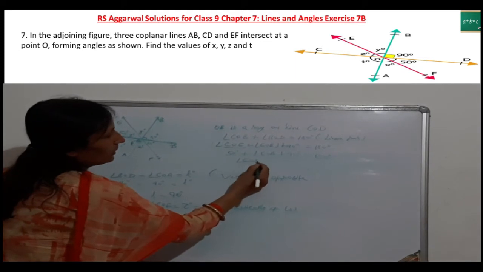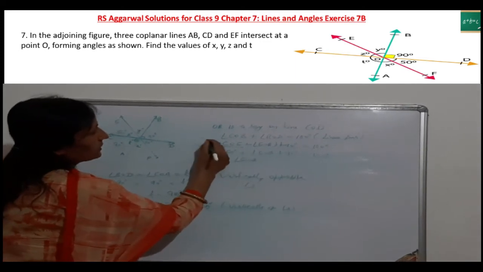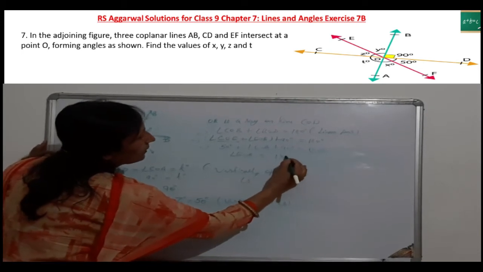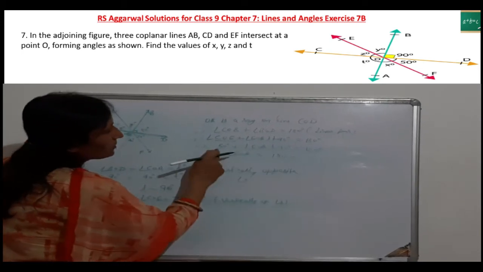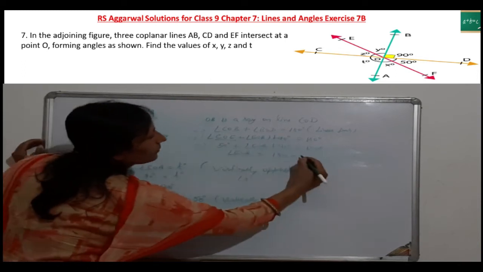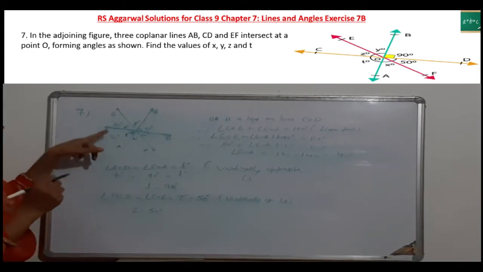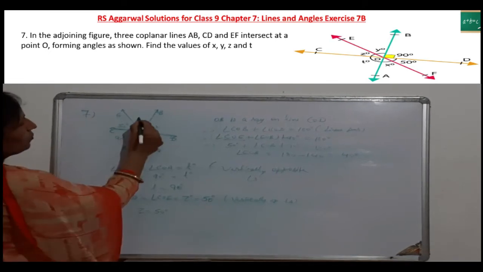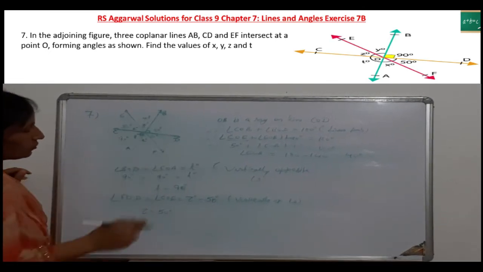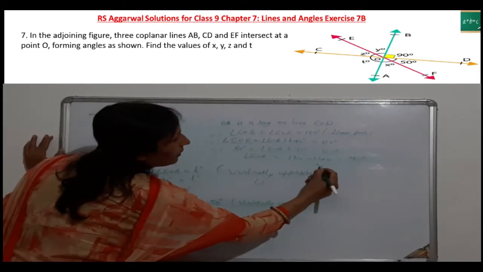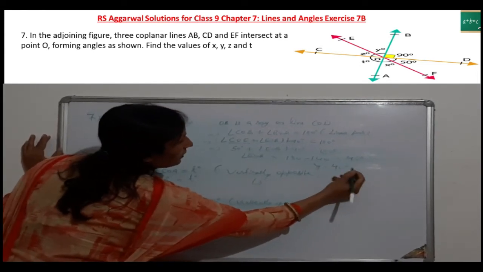Angle EOB is equal to 180 minus 90 plus 50, that is 140, which is equal to 40 degrees. So here we got angle EOB is equal to 40 degrees, which means Y is equal to 40 degrees.